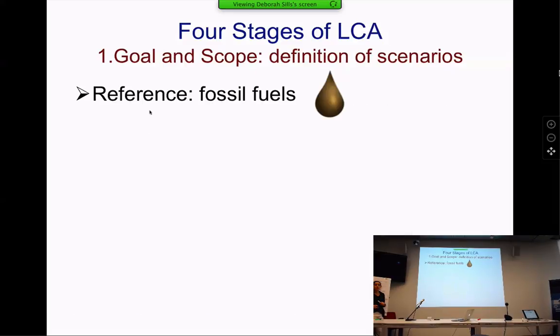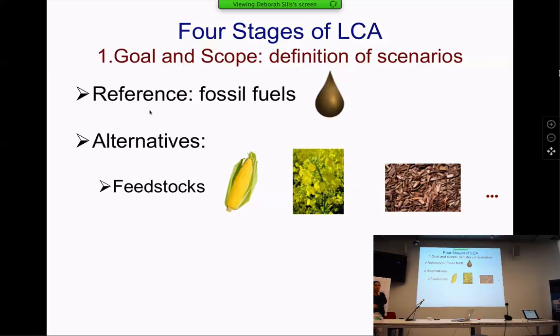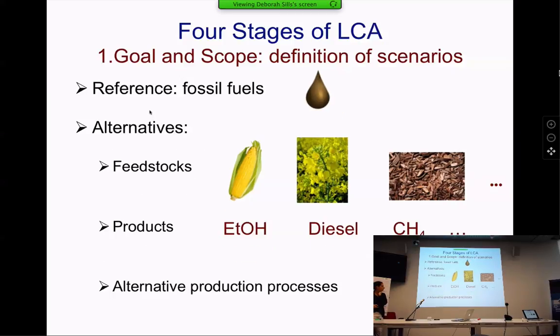Okay, so as far as the scenario, what Xi did was the comparison was to fossil fuels, so that was the reference. You'll see that in some data I show you. There were alternative feedstocks and alternative products. And because of alternative products, there were alternative production processes. But there could be a case where you have diesel and you have different production processes.